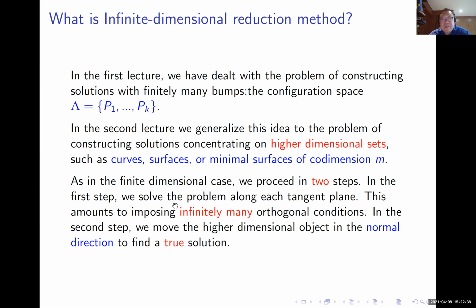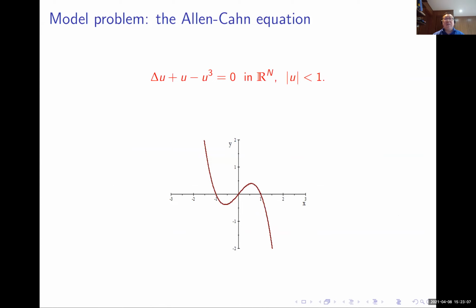In the first step, we solve the problem along the tangent space, and this amounts to imposing infinitely many orthogonal conditions. In the second step, we move these curves or surfaces in the normal direction to find a true solution.